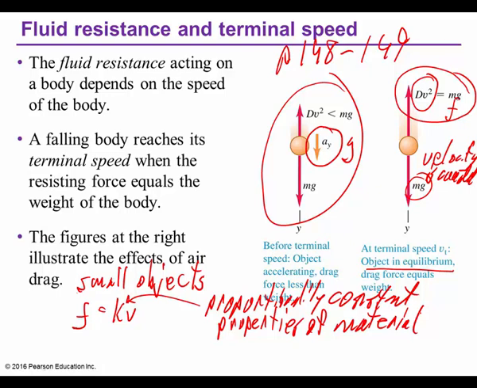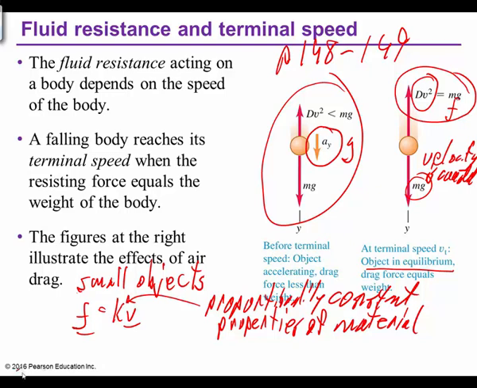All right? And so for small objects, notice that the relationship is directly proportional to the velocity, but notice it's just velocity. In other words, if the velocity is 2, and let's just say that's 1, then the force is 2. If the velocity is 4, then the force is 4, and so on, okay?